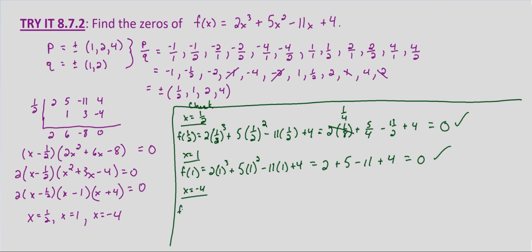So f of negative 4 equals 2 times negative 4 cubed plus 5 times negative 4 squared minus 11 times negative 4 plus 4, which equals negative 4 cubed. That's 4 times 4 is 16 times 4 is 64.